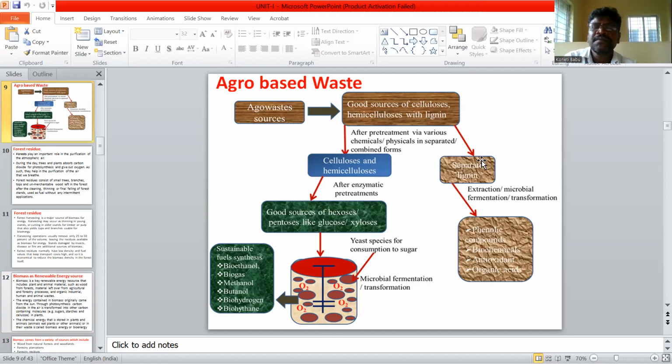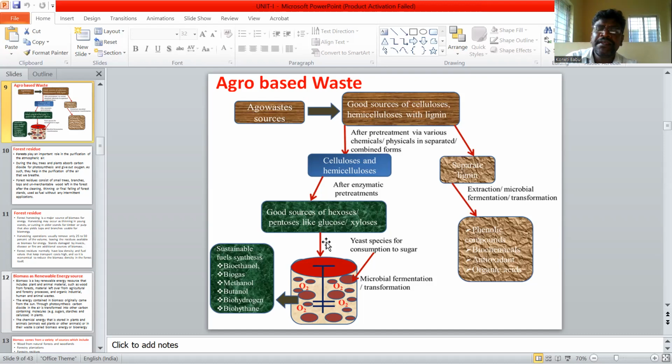Then after separation of the cellulose and hemicellulose, after enzymatic pre-treatment, that can be converted into a good source of hexoses or pentoses, like glucose. That can be converted by enzymatic operations. Then this sugar source is converted, with oxygen and yeast, through consumption of the sugar.